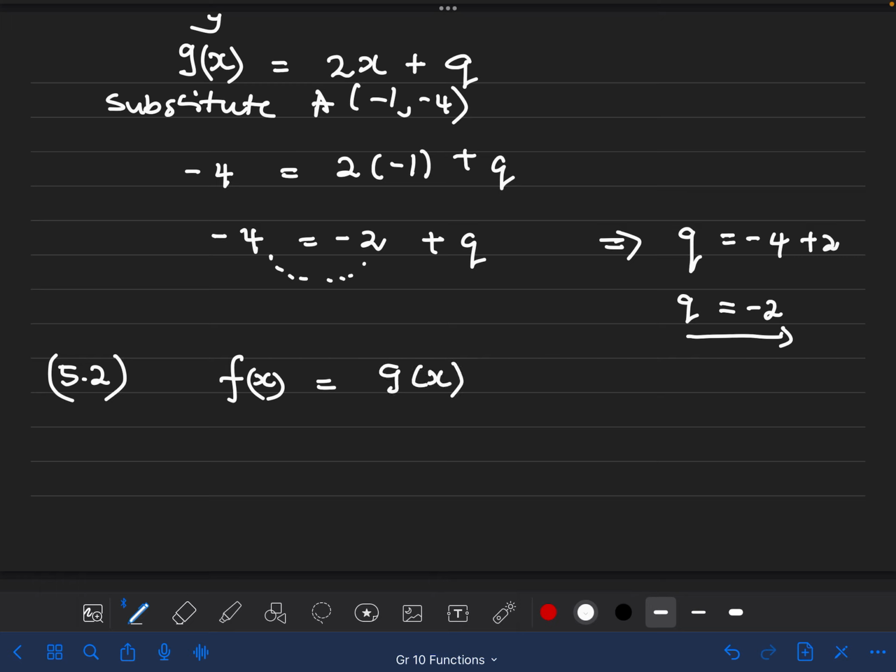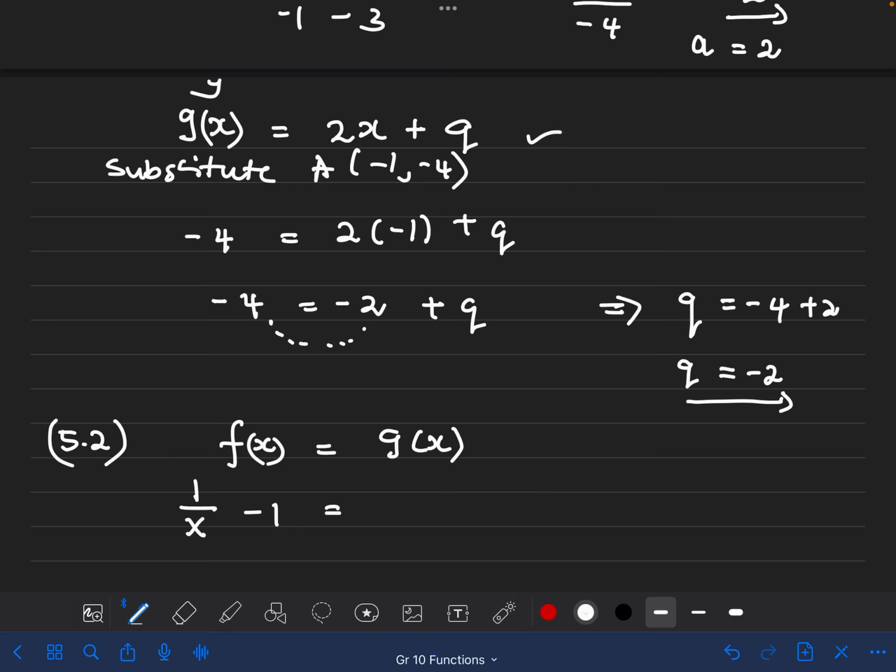At this point, guys, we are just going to equate the two functions that we have. f of x is 1 divided by x minus 1. What is g of x? There is g of x over here. But now, in full, it's going to be 2x minus 2, when we substitute q there.